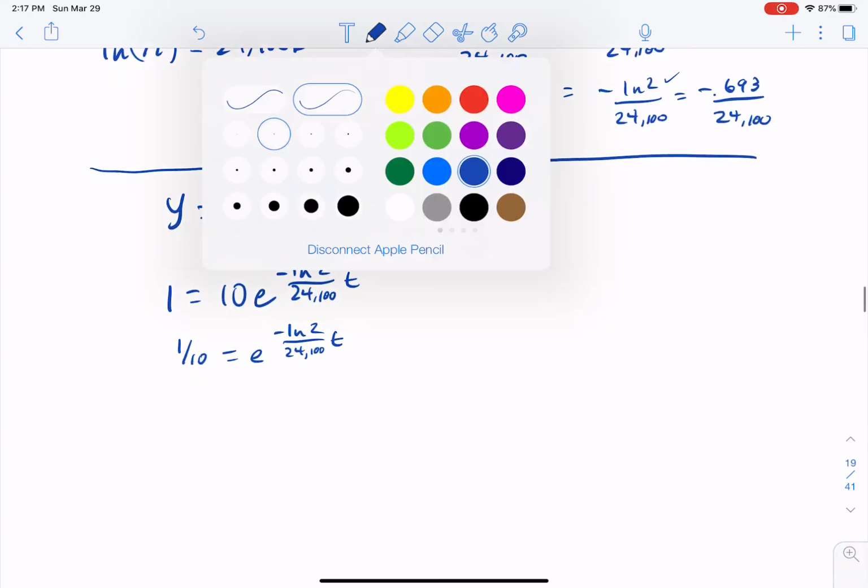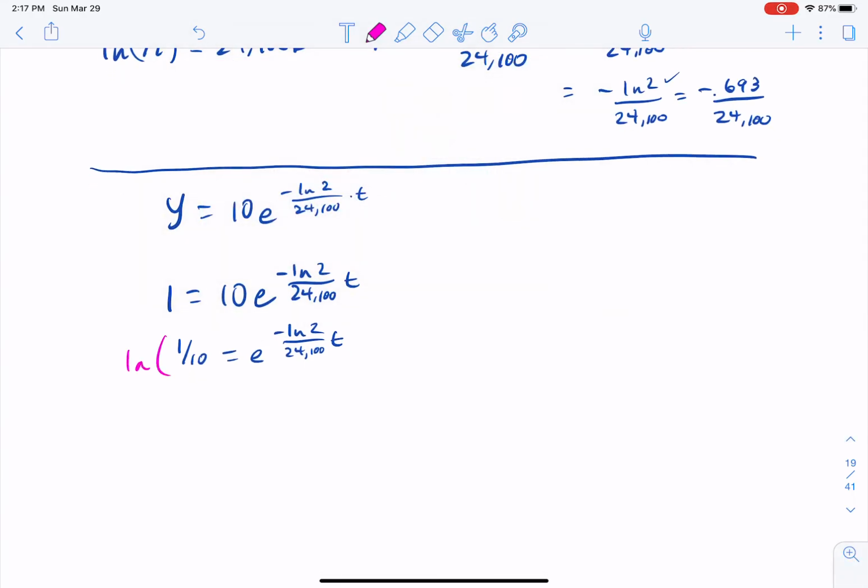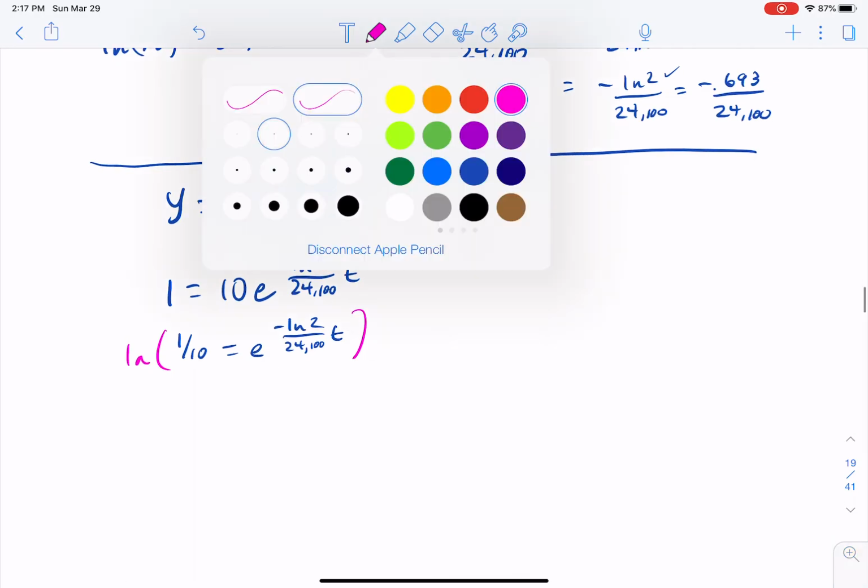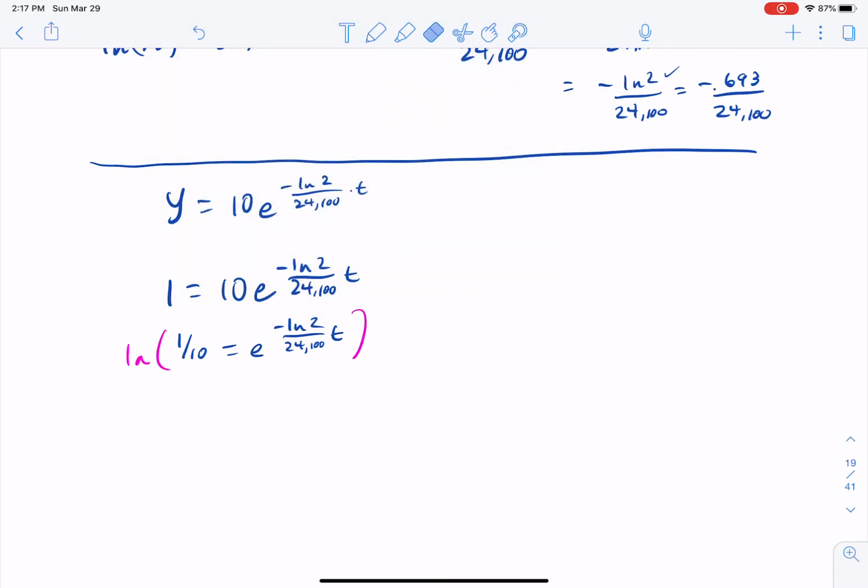And then, as we did before, we want to take the natural log of both sides of this, in order to get the natural log of 1/10 is equal to negative the natural log of 2 divided by 24,100 times t. And now I want to solve that for t.